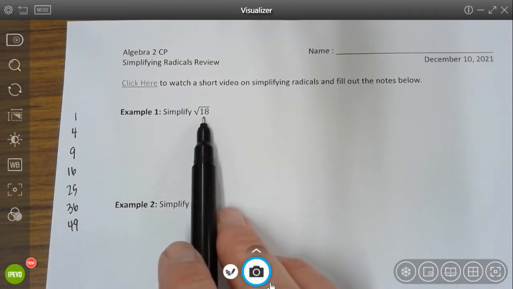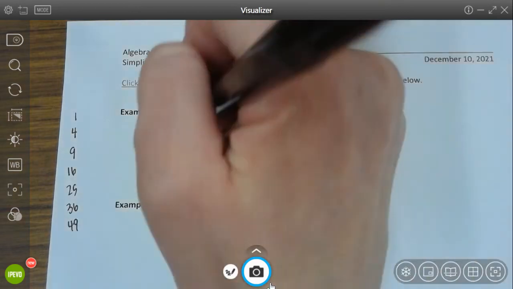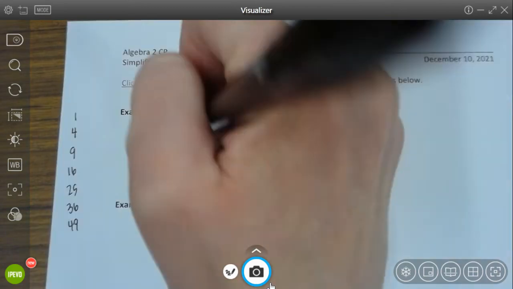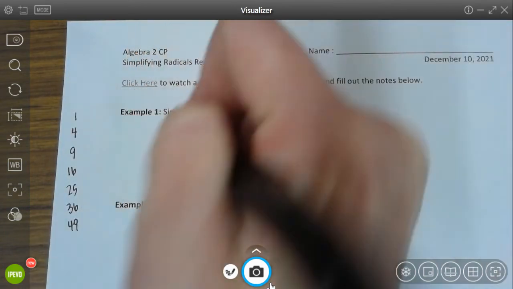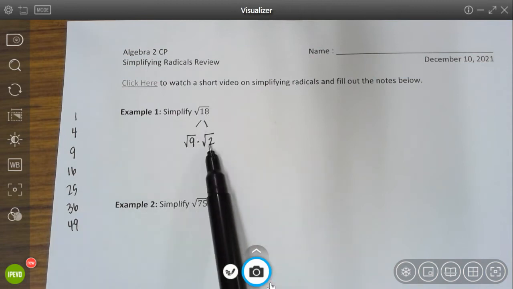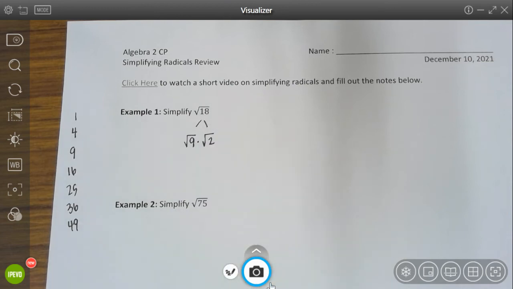So if I look at the number 18, I know that I can evenly divide that by a perfect square of 9. So what I'm going to do is rewrite this as the square root of 9 times the square root of 2, because there's a property that says that when we have two radicals that are being multiplied together, when you multiply them, it just becomes a big radical with a number underneath.